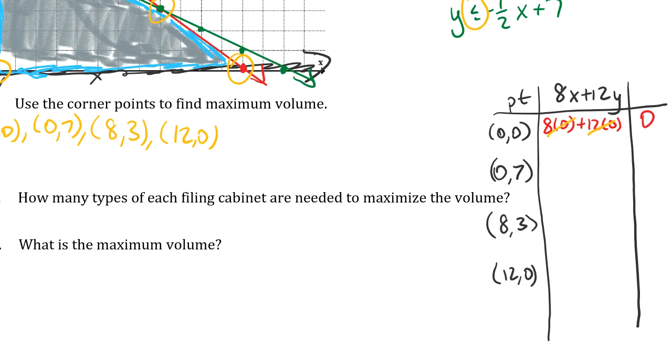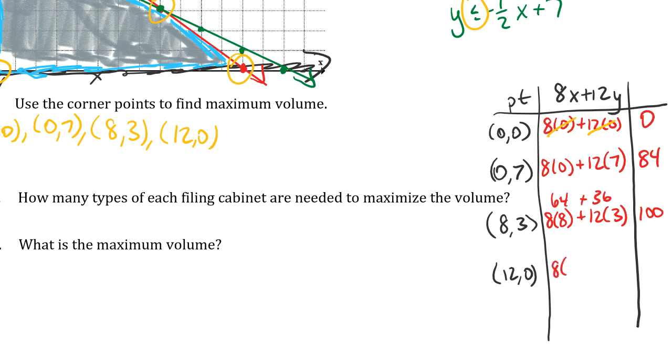For 0, 7, we're going to have 8 times 0 plus 12 times 7. If we do that, we get 84. Next up, we have 8 times 8 plus 12 times 3. If we do that, we're going to end up with 100. So it would just be 64 plus 36.